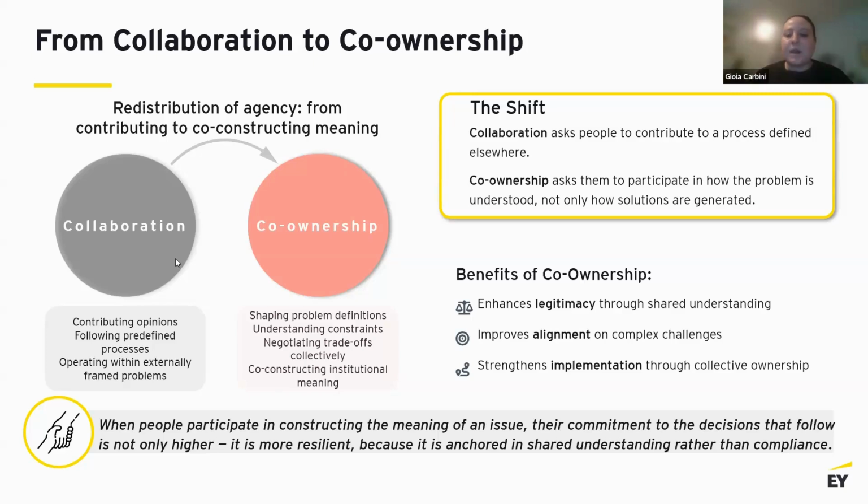So when people participate in constructing the meaning of an issue, their commitment to a decision is different, clearly, because it's higher from one side, but at the same time, it's more resilient because it's anchored in a shared understanding of the issue at hand, in a shared understanding of the process. And we have examples from recent university reforms that illustrate this.